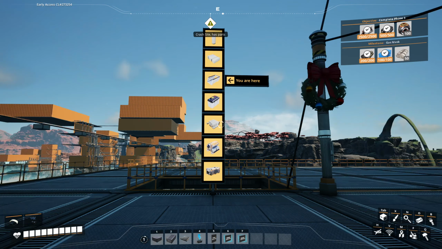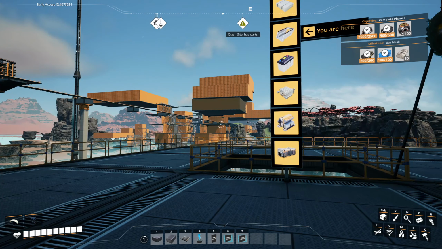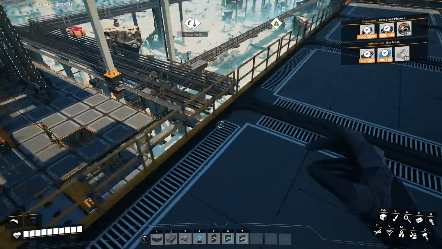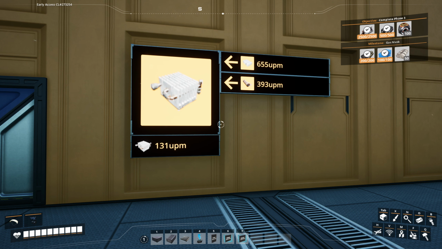Well, we don't have any plastic going to the battery recipe, and I keep forgetting why. But we need to drop down a heat sink. Okay, I don't have rubber noted down in the notepad.